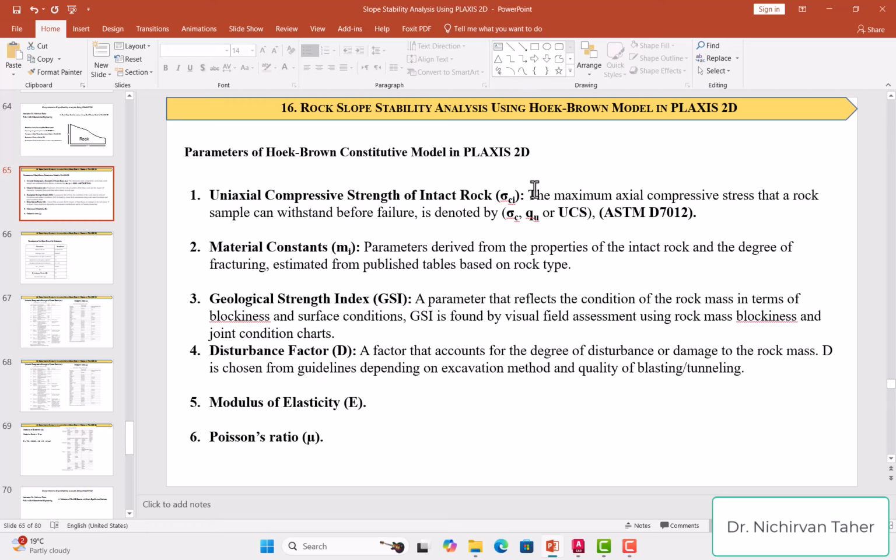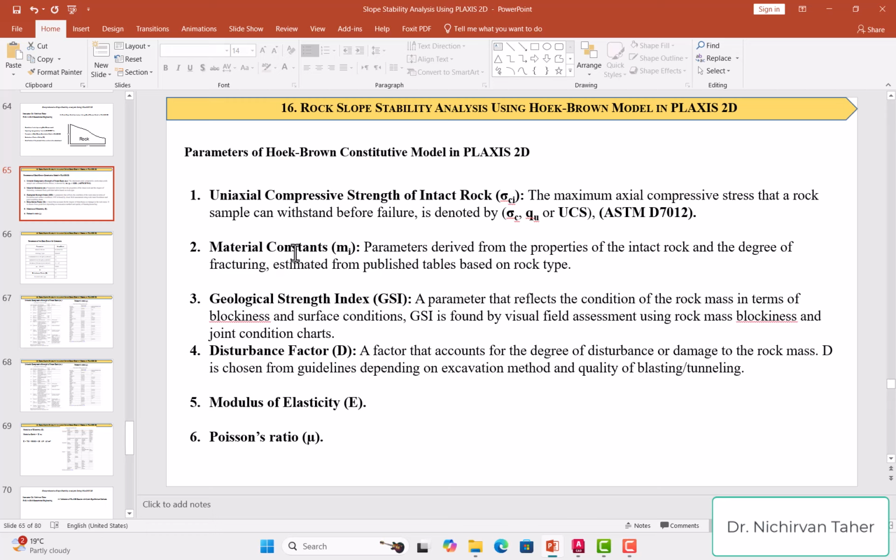This parameter can be found in a laboratory using many standards, such as ASTM D7012, or sometimes if we don't have any laboratory data, we can assume this value from charts or tables in geotechnical or geological textbooks.